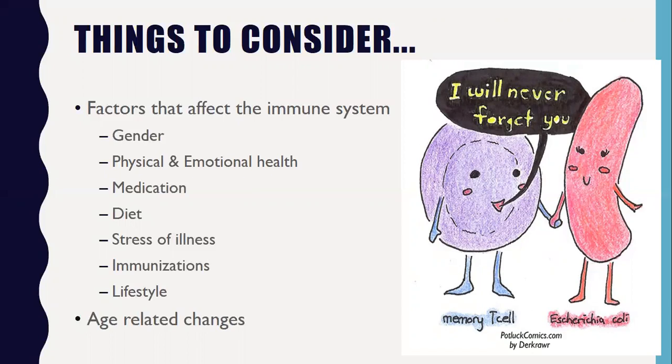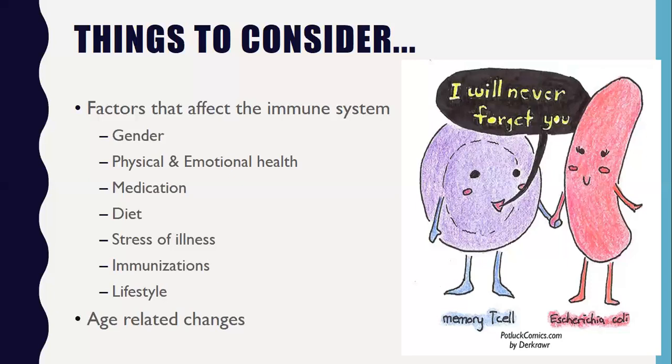Trauma or surgery, and that stress of the illness, is going to be a whole pathway of how these things will trickle down when there's injury to your body and the way that your blood cells are responding. If you have had immunizations or not will obviously impact your ability to fight off certain diseases.